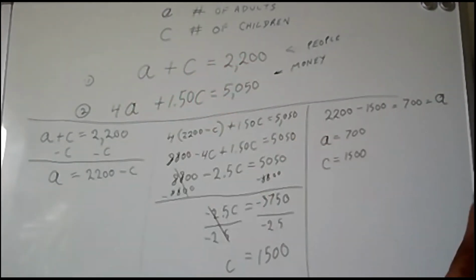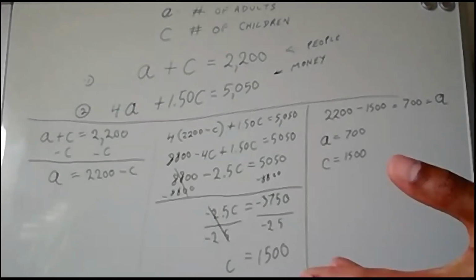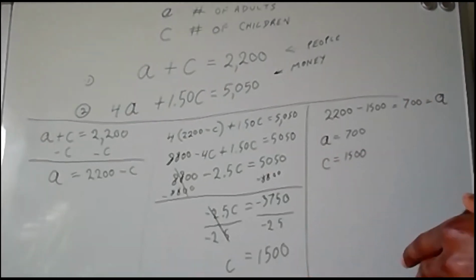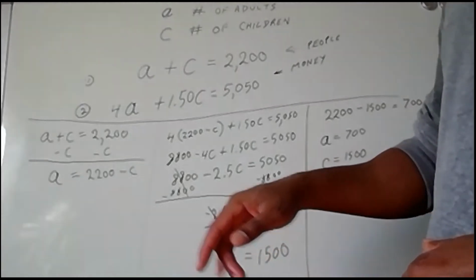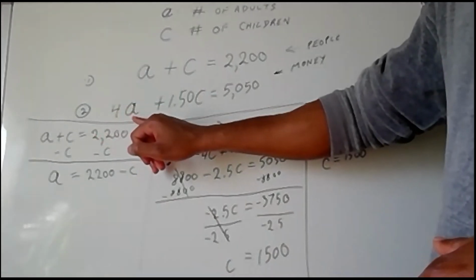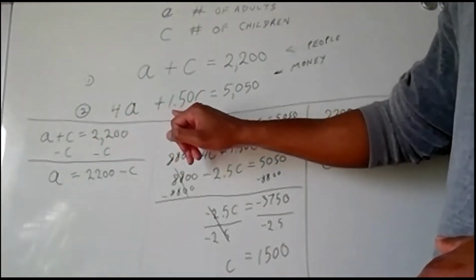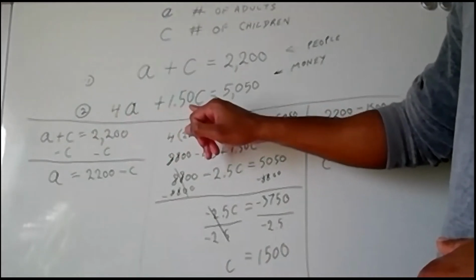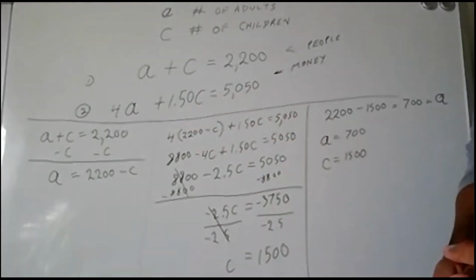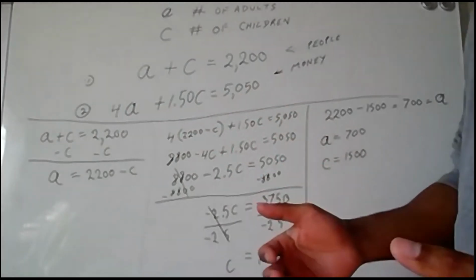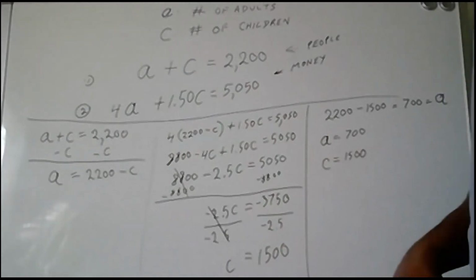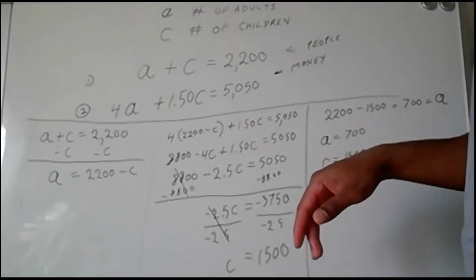And then because they gave us how much money in all was made at this event, we said the $4 to get in for an adult times the number of adults plus the $1.50 for each child times the number of children is going to equal the total amount that was made that day.